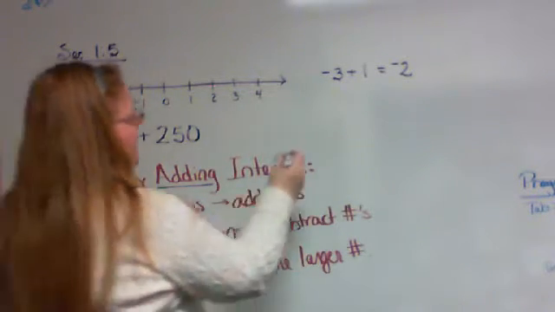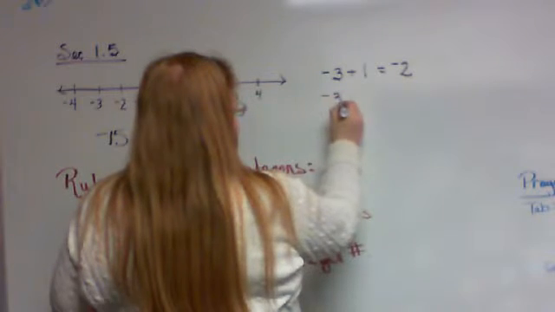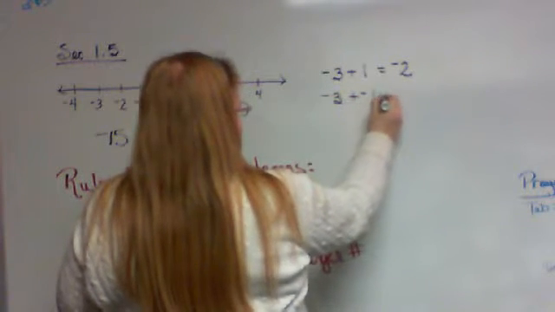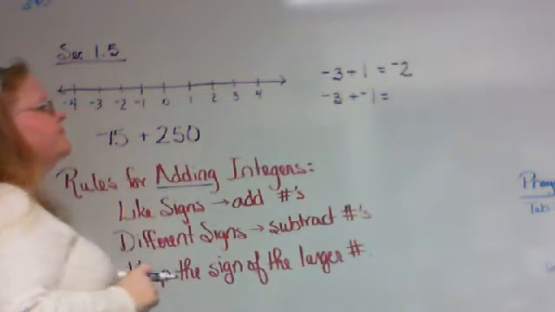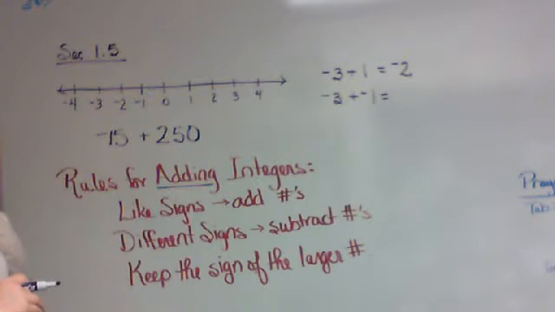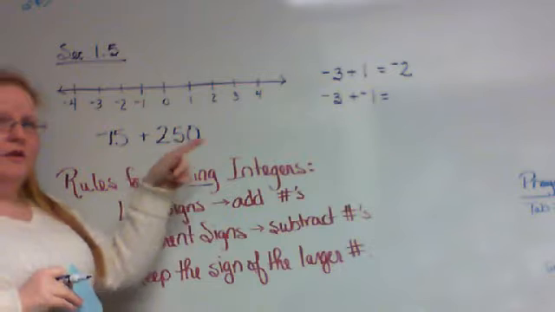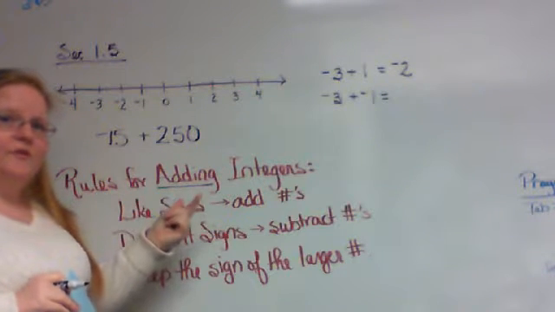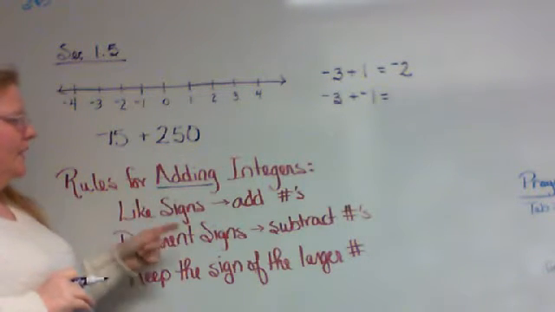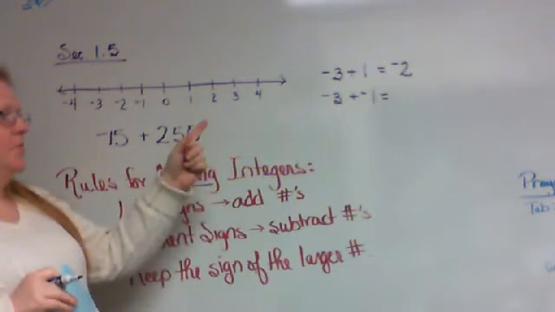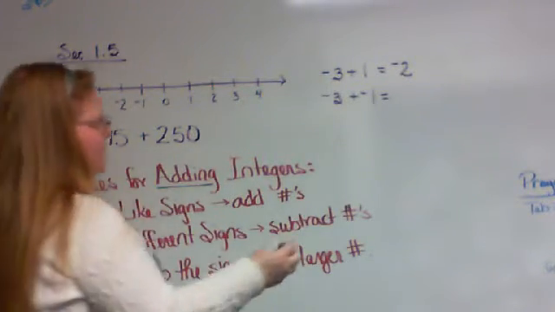Let's say we have negative 3 plus negative 1. They are like signs because one's negative and the other one's negative. And since they're both the same, that means that they're alike. So we have to add the numbers. 3 plus 1 is 4.